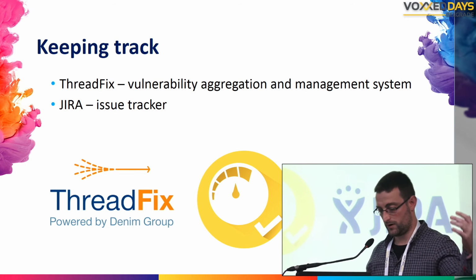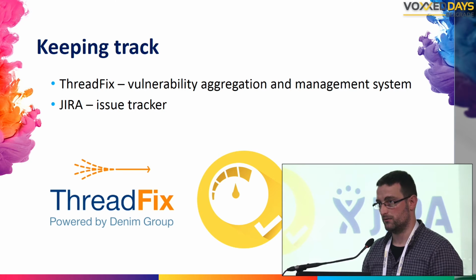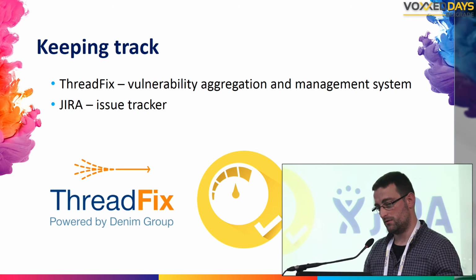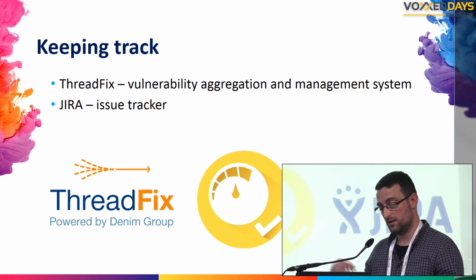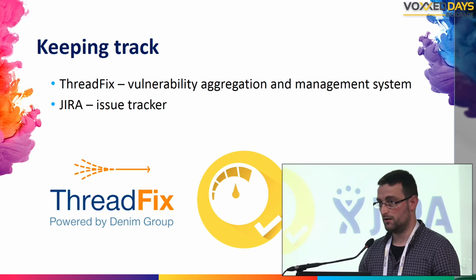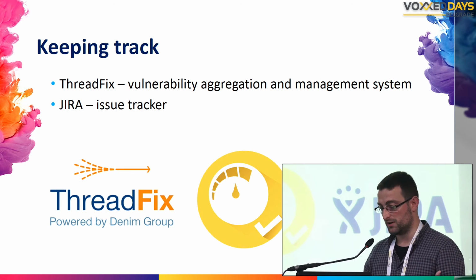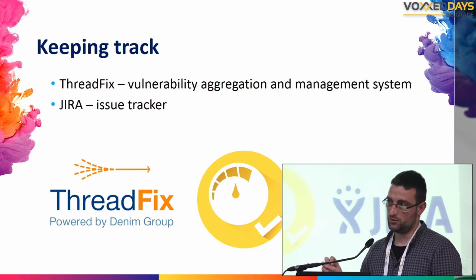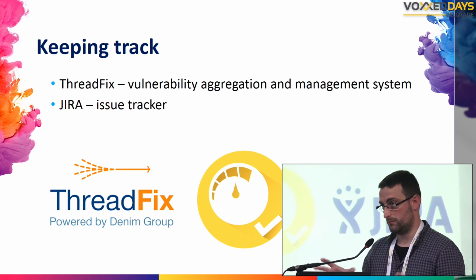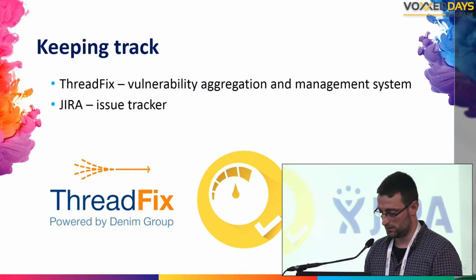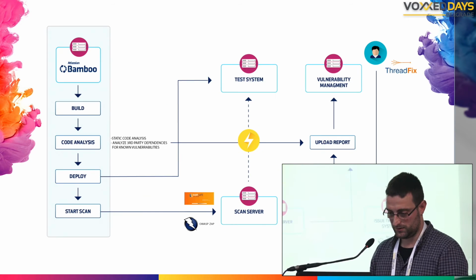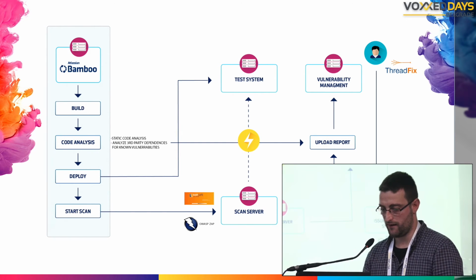This is what I've talked about from the beginning: from finding a bug right after the build process to reporting it in your issue tracker is basically automated, except for this part where you need to go into ThreadFix and check if that bug is a false positive or maybe has higher or lower priority than it was reported in ThreadFix. On this picture, I'm going to demonstrate the entire process that we have.